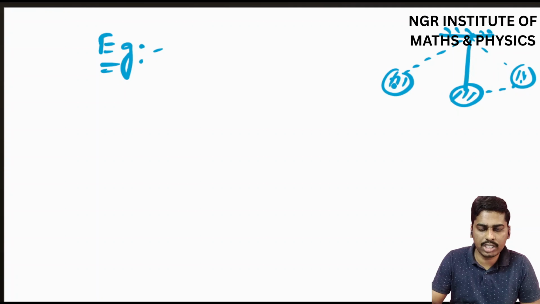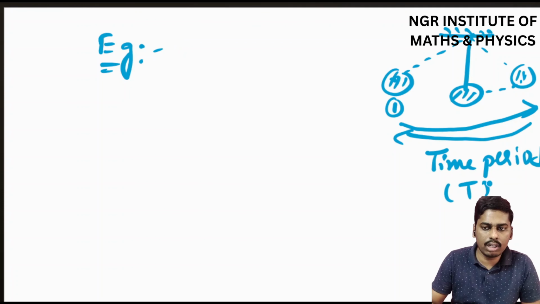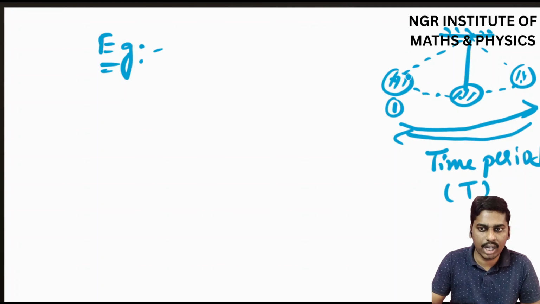Suppose it starts here. Let me hold this at this point and let me leave the bob here, and it goes to this point and it comes back to this point. This is the entire one time period T. Time period T is nothing but the time taken to complete one complete oscillation.